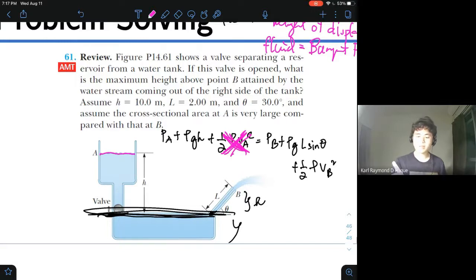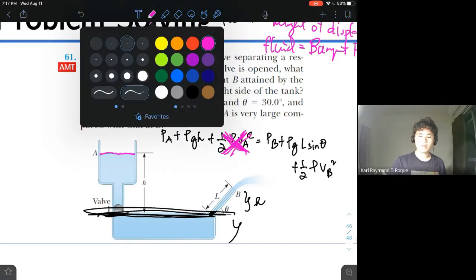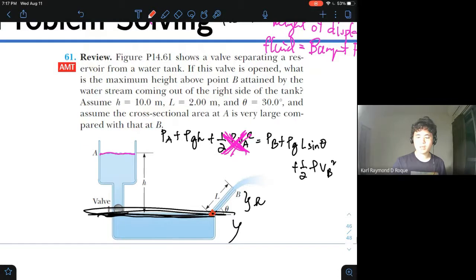Next. Ano yung pressure dito? Ano yung pressure dyan? Yun yung PA tsaka PB. Kumbaga, di ba yung total pressure at this point is the pressure here at the surface plus rho GH, di ba?